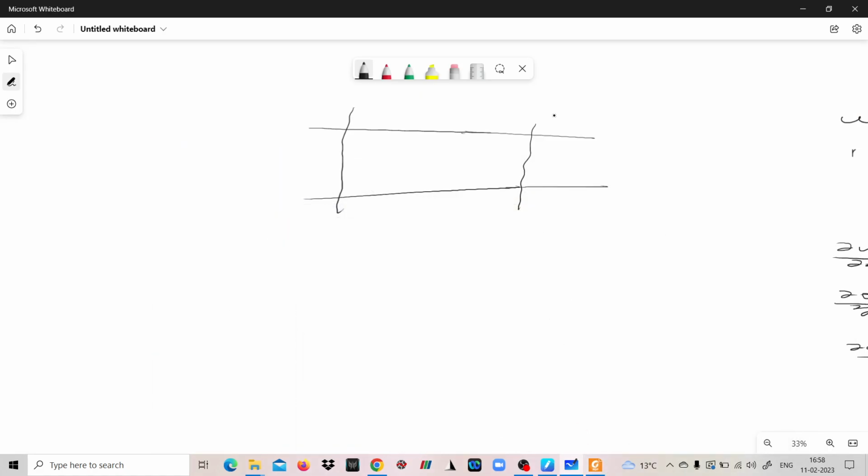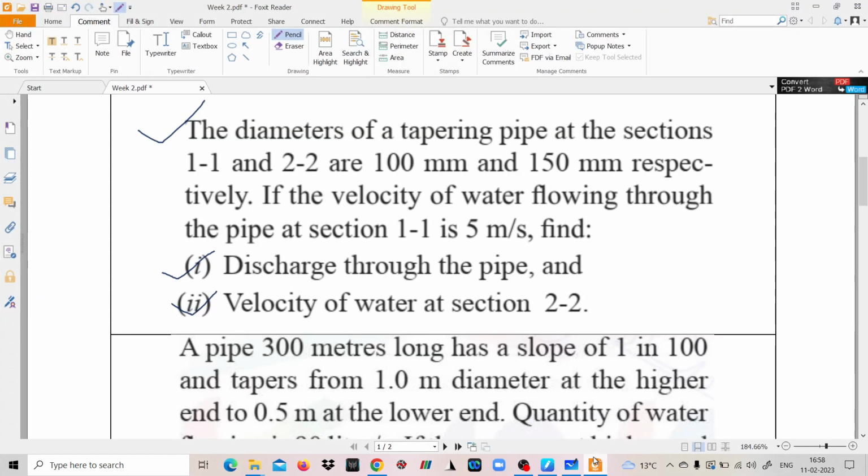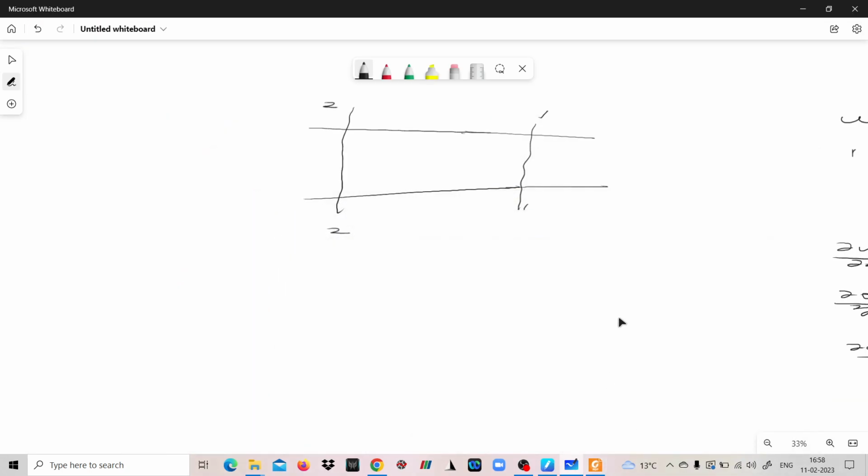This is section 1-1 and then this is section 2-2. It is a circular pipe with variable diameter. The diameter here is 100 millimeter and the diameter here is 150 millimeter.